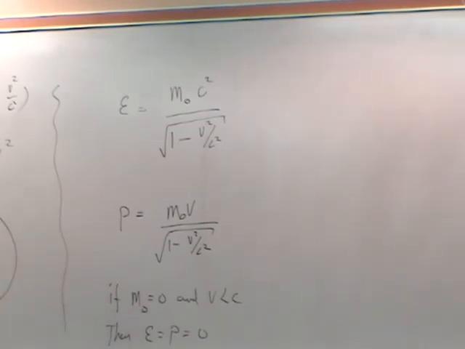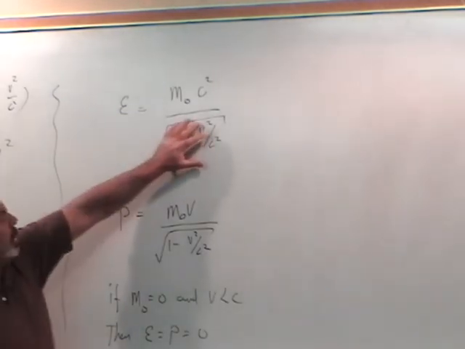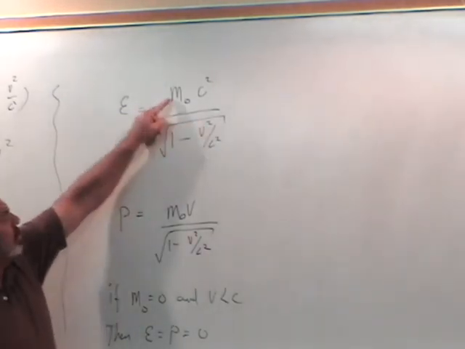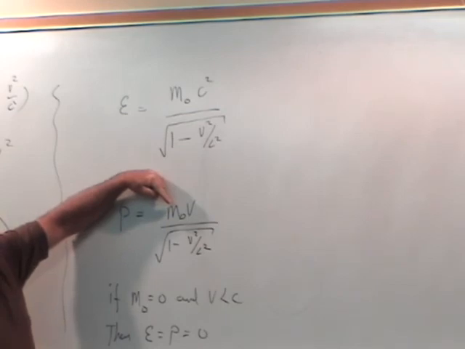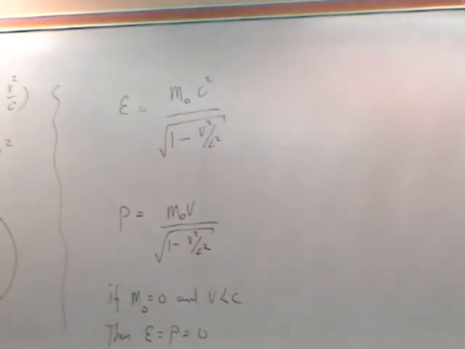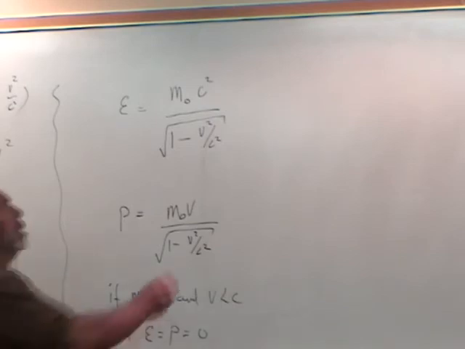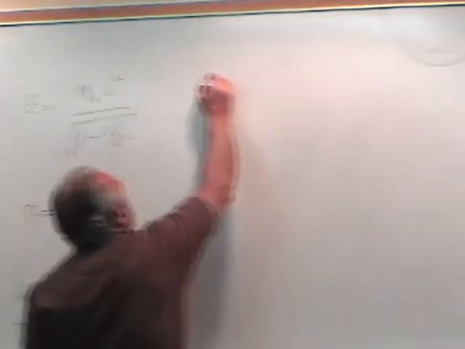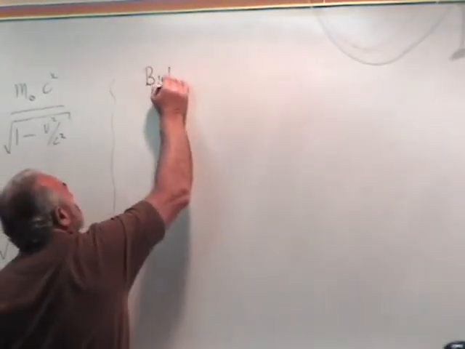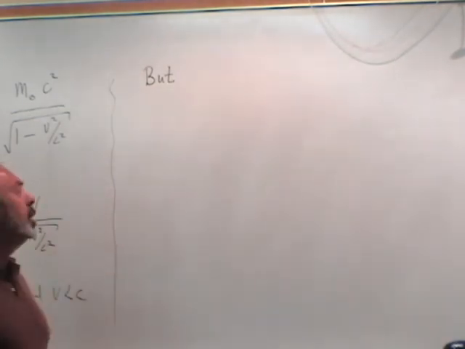If m naught is 0 and v is less than c, then this is some real number, and that's 0. Well, a particle with no energy and no momentum is no particle at all. But, put a big but on the board.